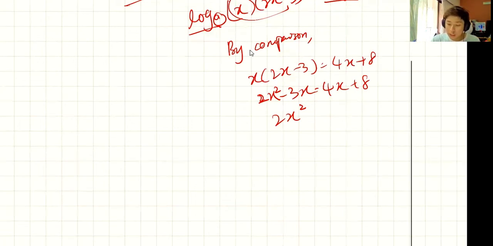So I get minus 3x minus 4x gives me minus 7x. On the right hand side, 4x minus 4x gives me 0 plus 8. Then I minus 8 from both sides, so I get minus 8 equals 0.